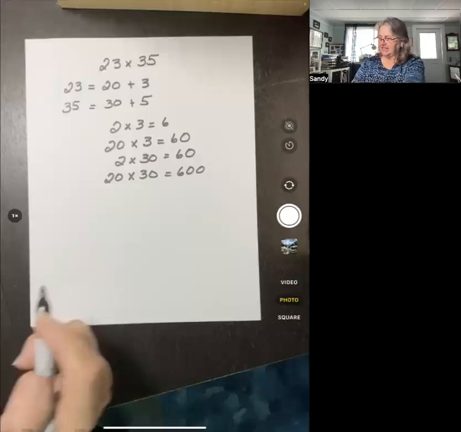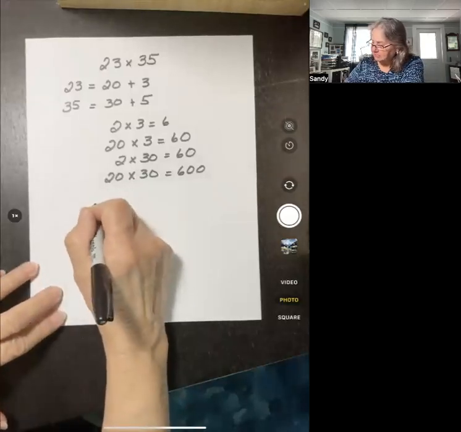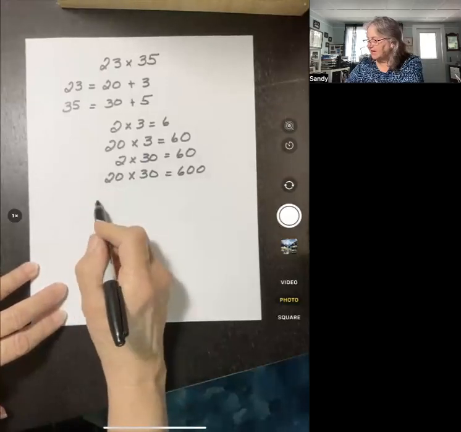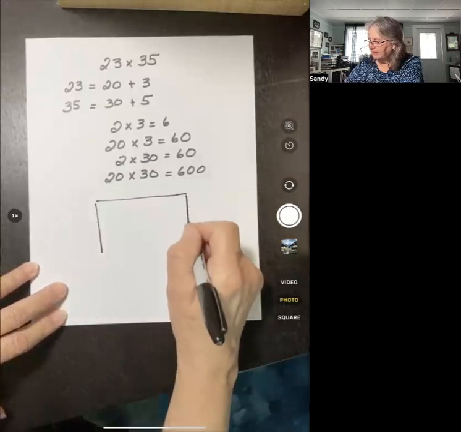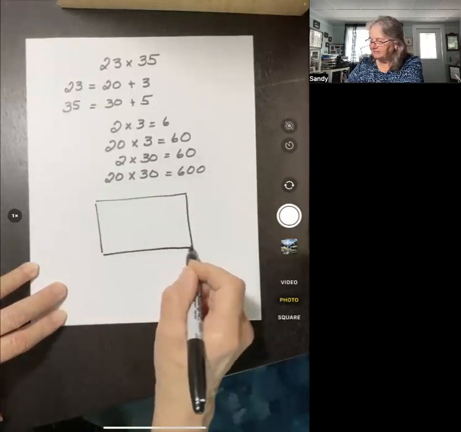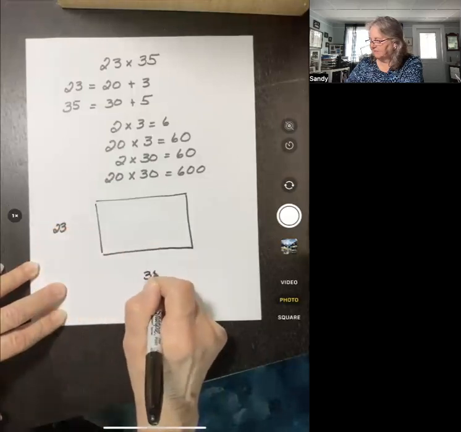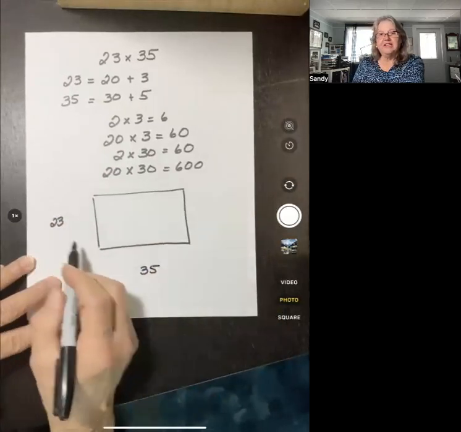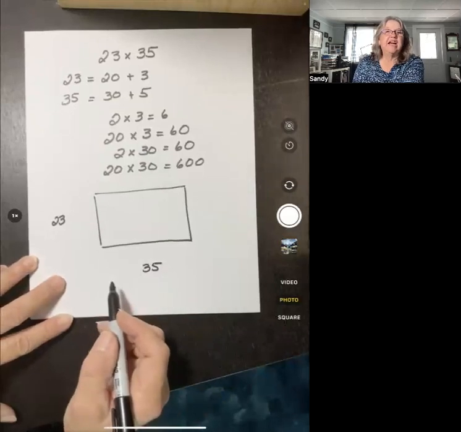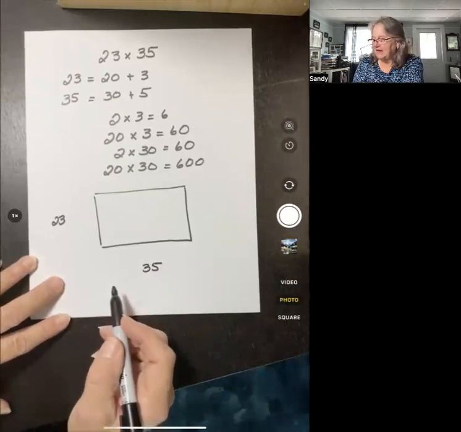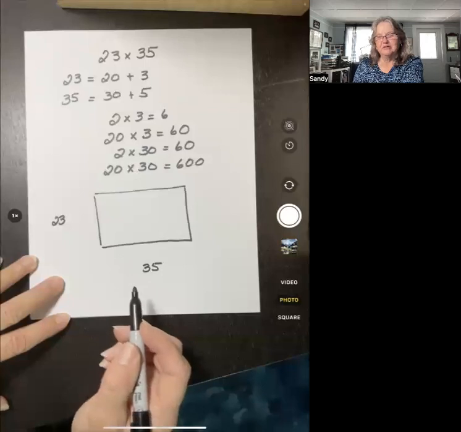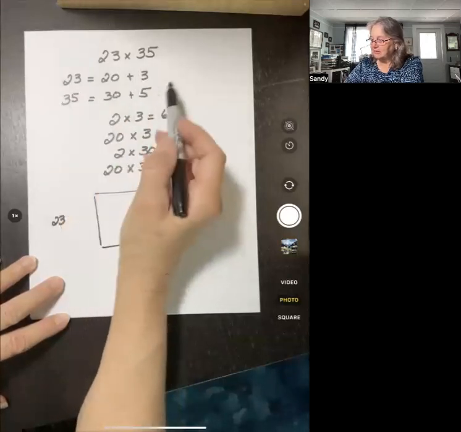So in this case, we're going to suppose that we have a rectangular room that's 23 by 35. And 23 times 35 is a little more challenging to do in my head, but see, I can cut this room using this expanded form.